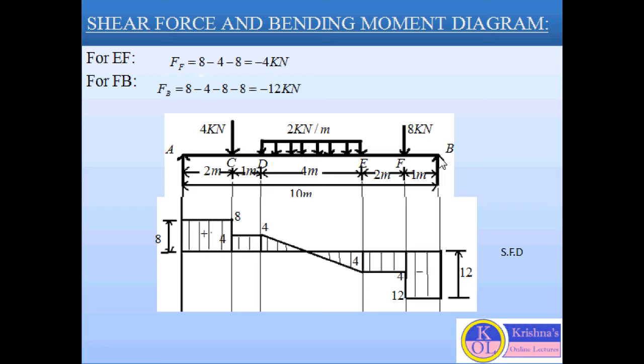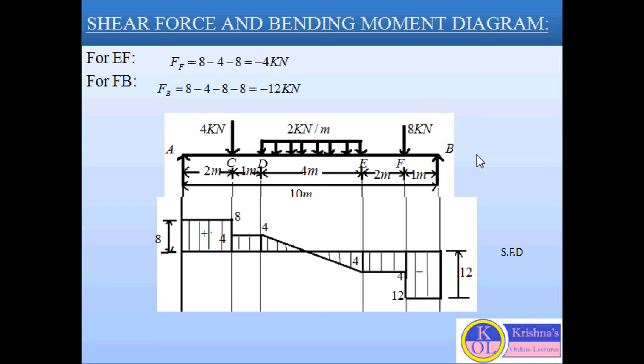Again, at FB, we got the value of shear force at point F. Now the value of shear force at point B will be 8 minus 4 minus 8 minus 8, that is minus 12 kilonewton. So we have all the values of shear force at different points of this simply supported beam.